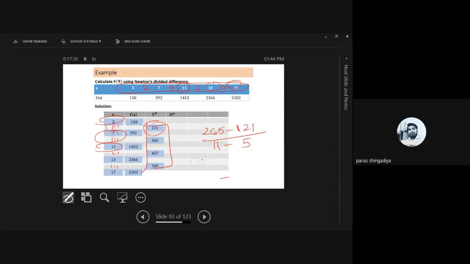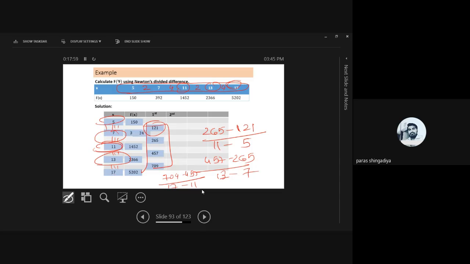Clear? Then here, 457 minus 265. Here we'll skip 11. We'll consider x1 to x3, so it will be 13 minus 7. And then the next one is 709 minus 457 divided by, skipping 13, 17 minus 11. Clear?